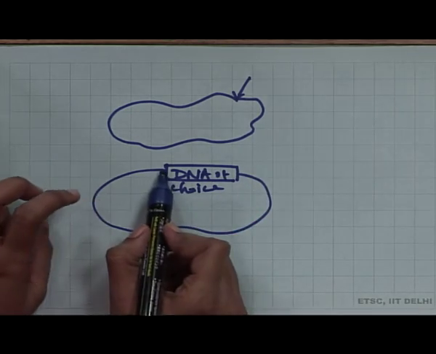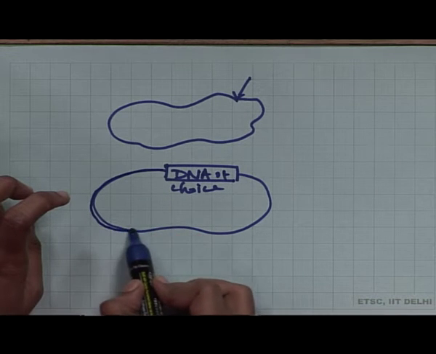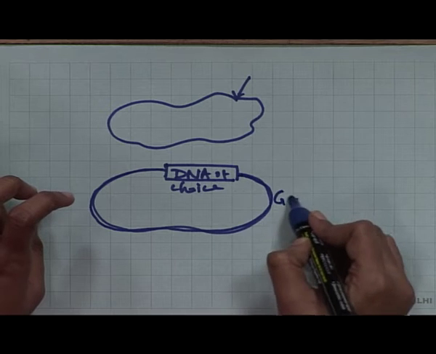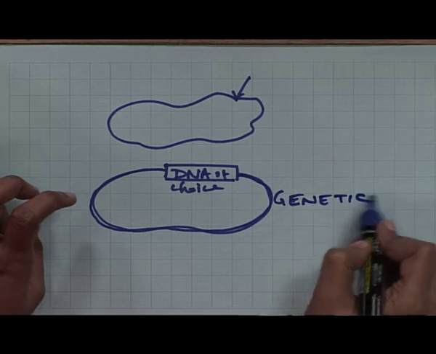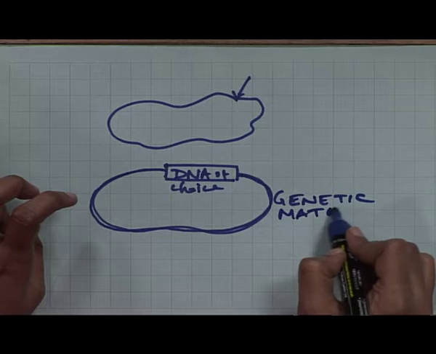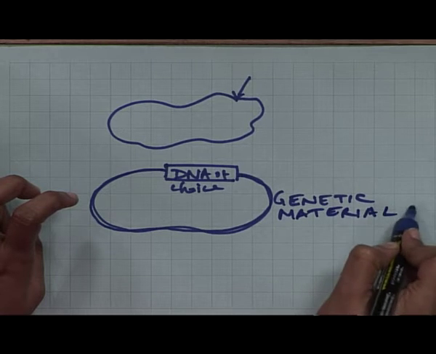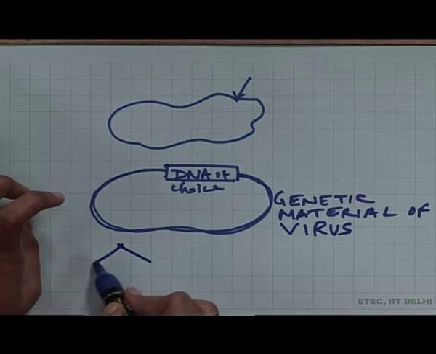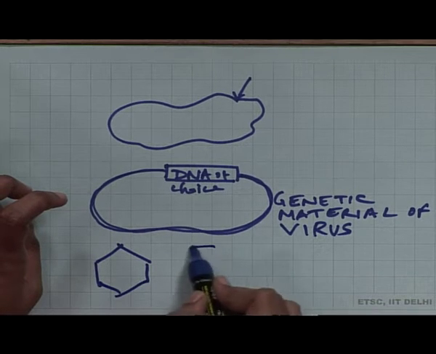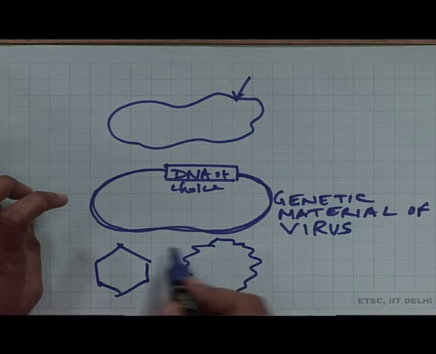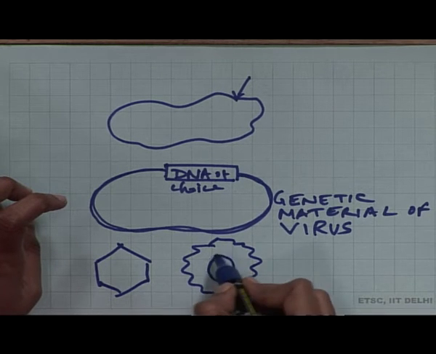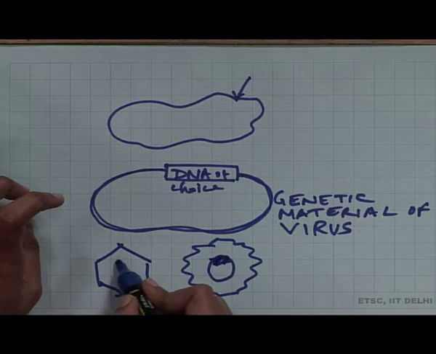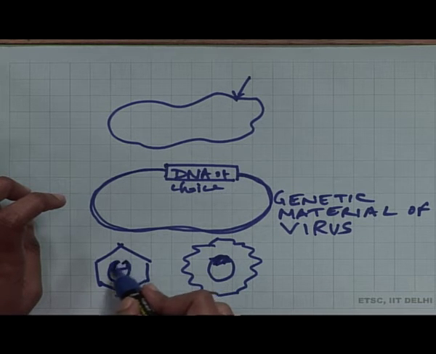If you can put it into this DNA, that is the genetic material of the virus, then we can form these different virus particles with the genetic material having a DNA of our interest in it, right?